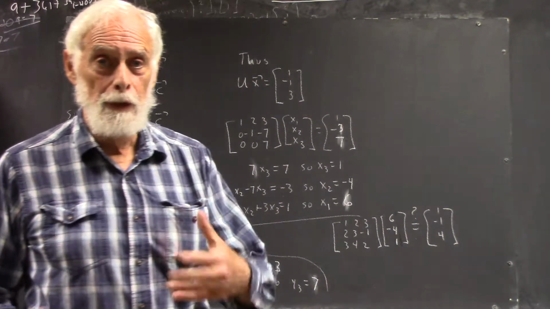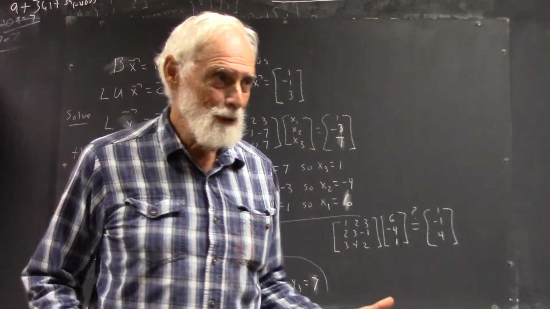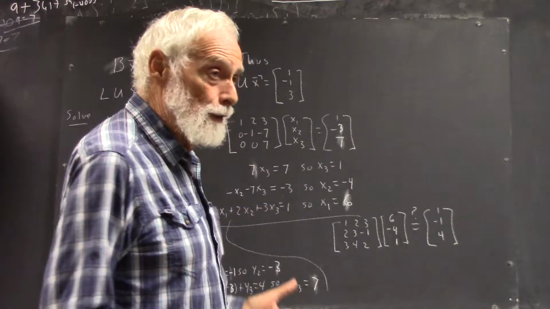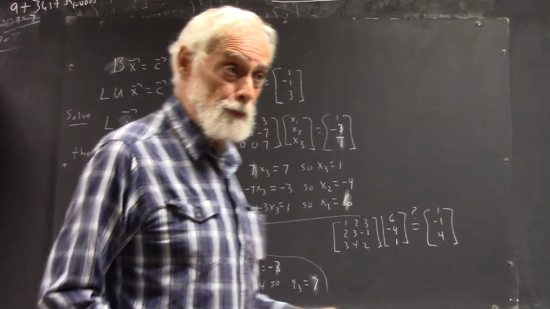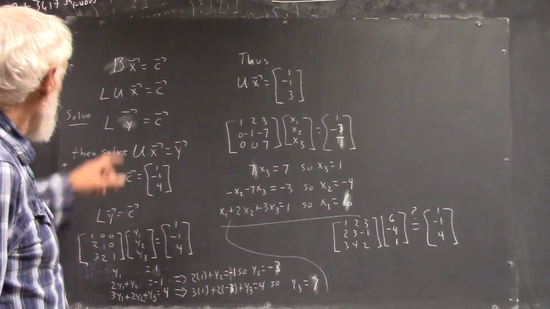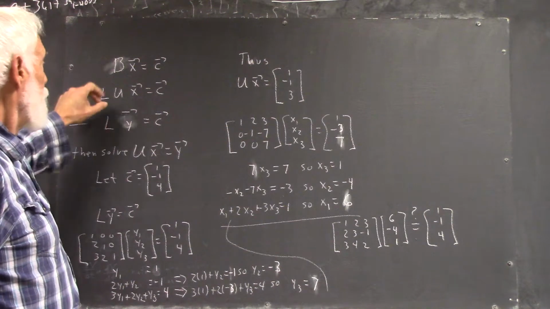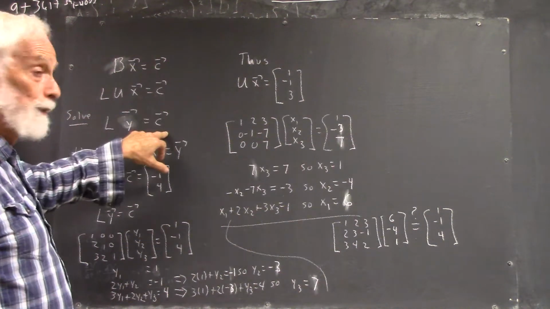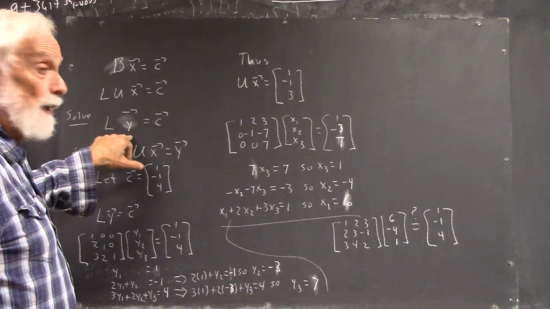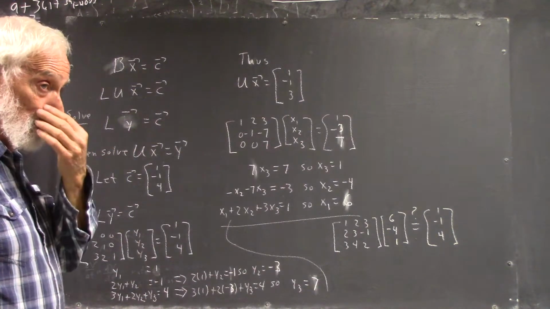So I've intentionally made some mistakes so you know what to look for, right? And you know to be careful, but this demonstrates the idea, and the central idea is once you got the LU decomposition, you let y equal ux, and you find out what you got to multiply L by to get C. You can solve that by just simple forward substitution. Okay?